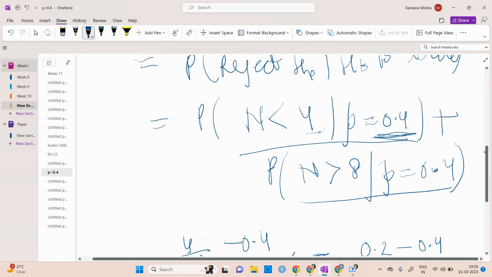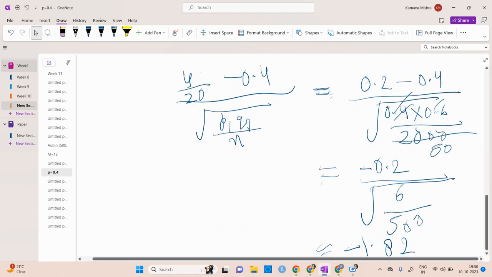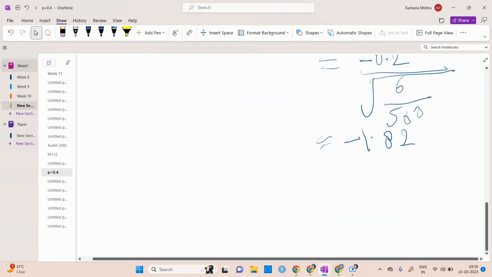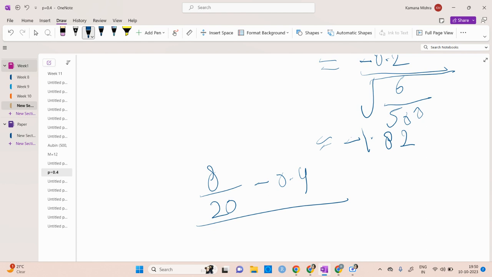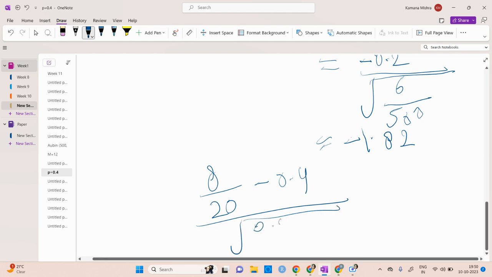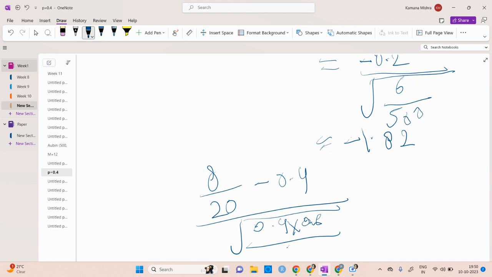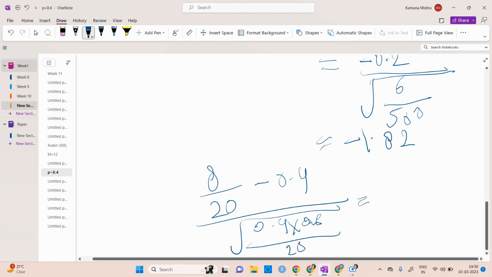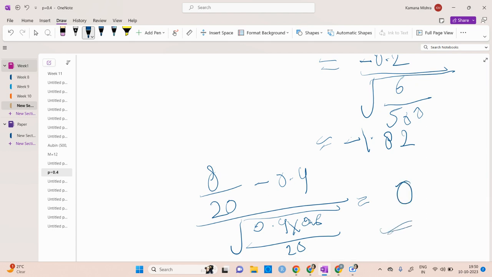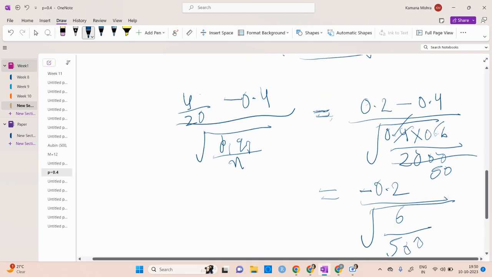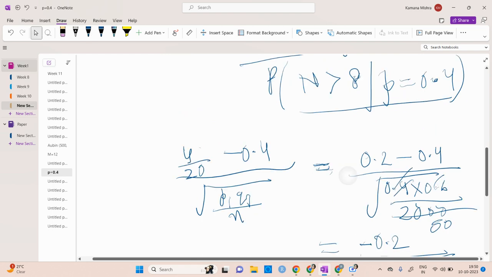So this one we have found. And the next one, N greater than 8. So it was 8 by 20 minus 0.4 divided by the square root of 0.4 times 0.6 divided by 20. So this one is 0.4 minus 0.4, so this one will be 0, right?